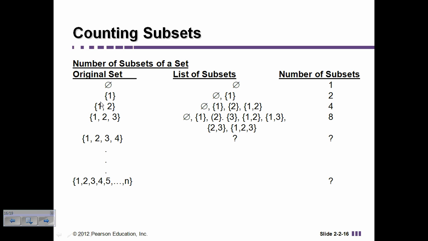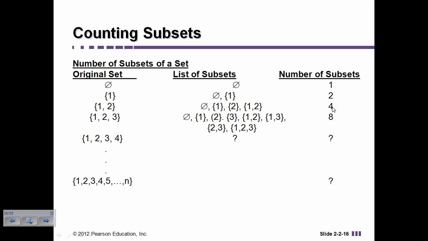So let's look at some more. With the null set, there's only one subset, and that is the null set. With one number in the set, there are 2 subsets, because remember, the null set always counts as 1. If there are 2 numbers in the original set, then there are 4 subsets.